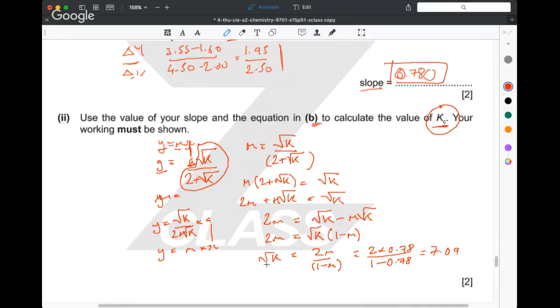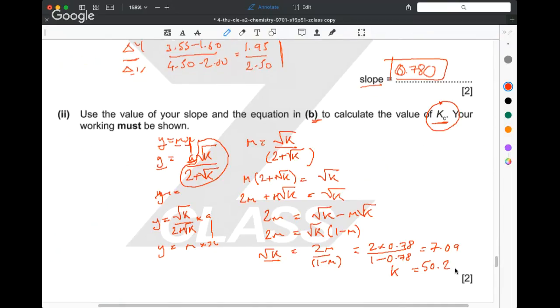But that's for the square root of k. So to get k on its own, to move from a square root to k, I'm squaring. What I do to one side of the equation, I must do to the other side of the equation. I'm now squaring 7.09, and I end up with a value for the equilibrium constant of 50.2.